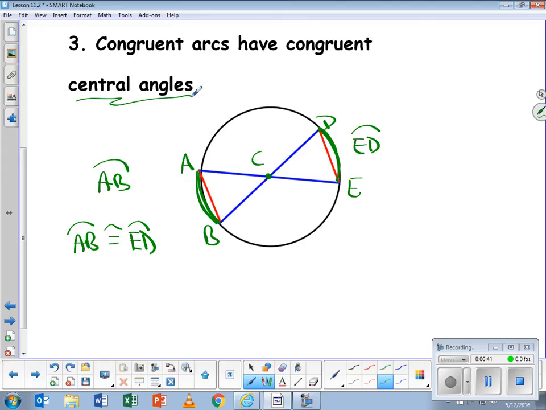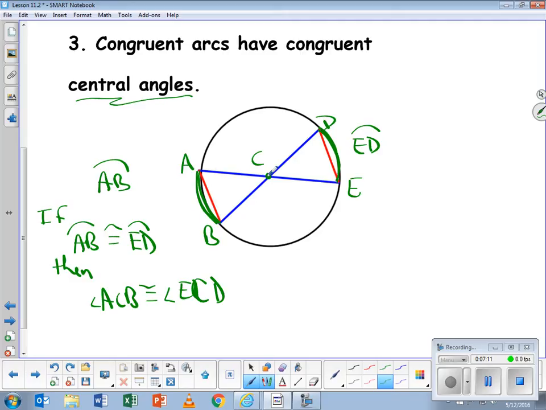So if this is true, then our conclusion would be that angle ACB is congruent to angle DCE, or ECD. Okay? I could have said DCE, that'd been okay also. Doesn't have to be in order as long as the middle letter is the vertex of the angle.